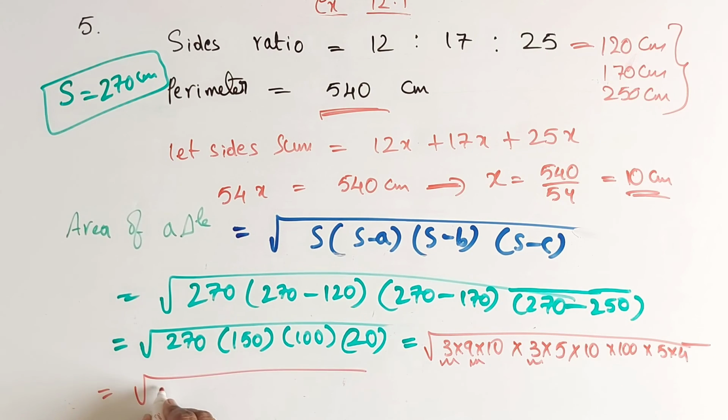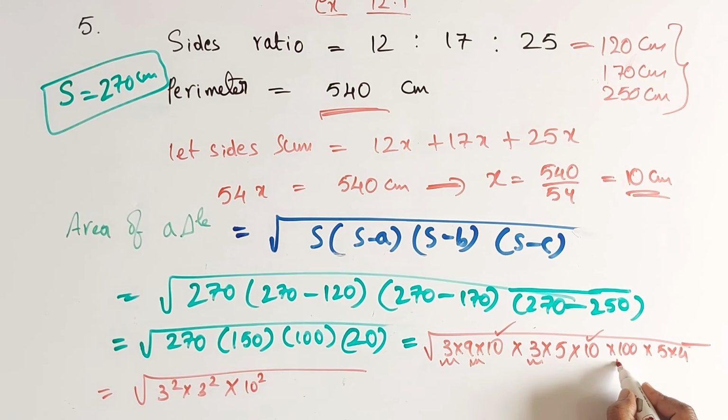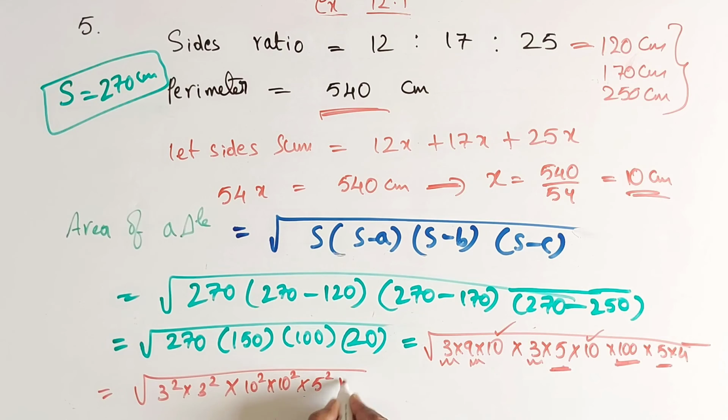So root of 3 square into 3 square. Now tens 1, 2, 10 square here and 100 means again 10 square. Now here 1 5 and here 1 5, 5 square here and 4 means 2 square. So this all in squares only.